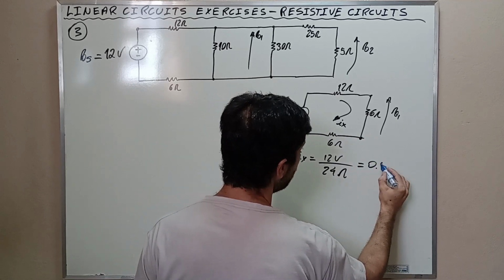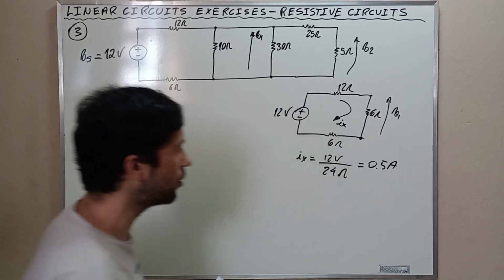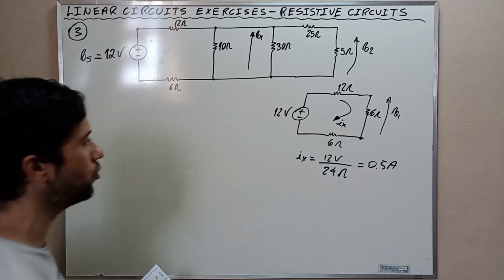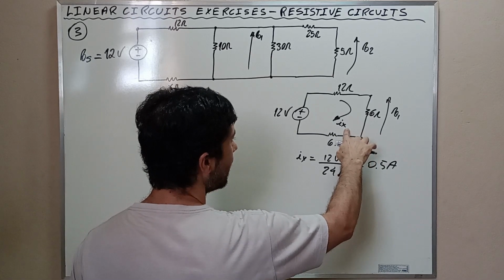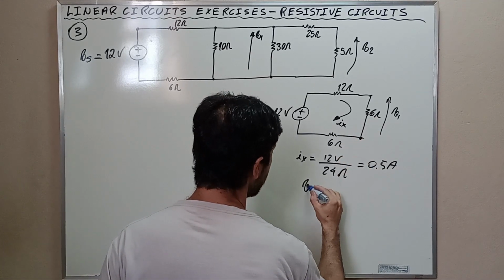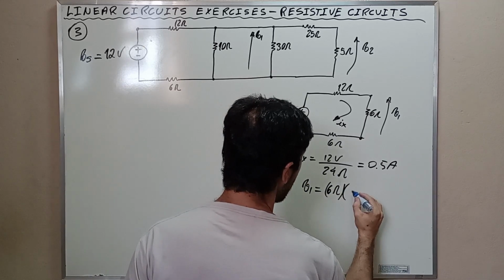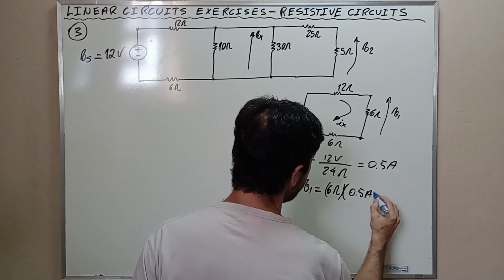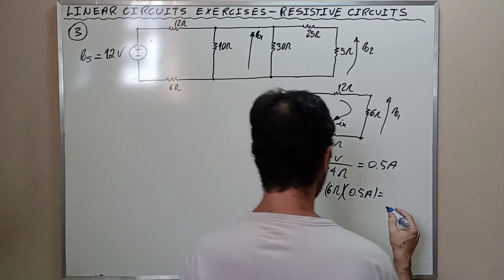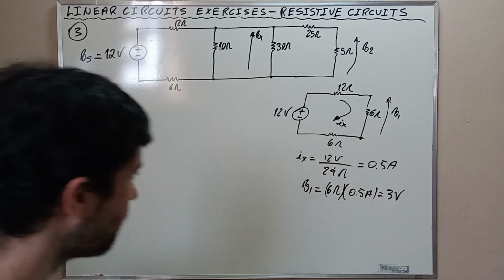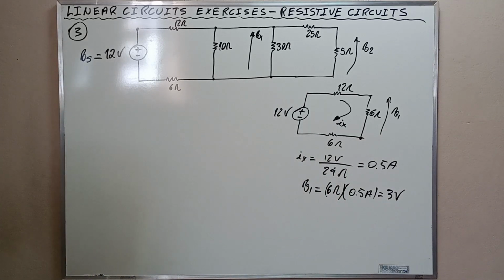And this is 0.5 amps. This is the value of Ix. And if we multiply Ix by 6 ohms, we find V1. V1 is equal to 6 ohms times 0.5 amps, which is equal to 3 volts. The value of V1 is 3 volts.